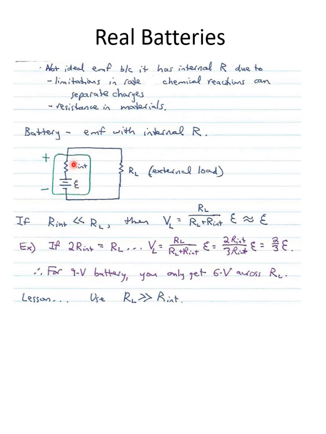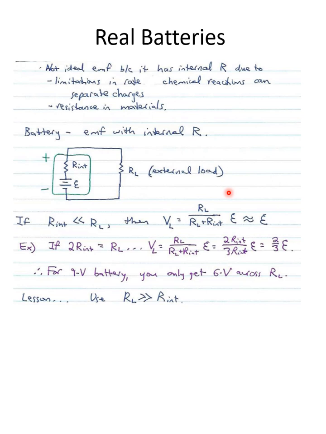And then as we leave that battery, we have what we'll call the external load, whatever resistor, light bulb, whatever we have hooked into the circuit. Now, if the internal resistance is negligible compared to the external load, then we can say the voltage drop across the load is, using the formula that we've used a couple of times already, the resistance of the load divided by the resistance of the entire series circuit.